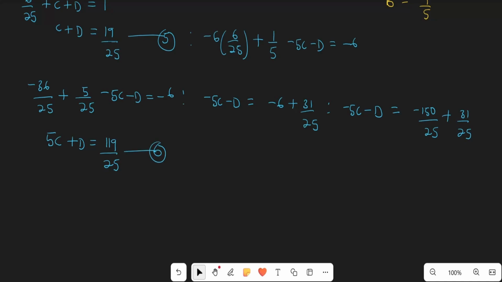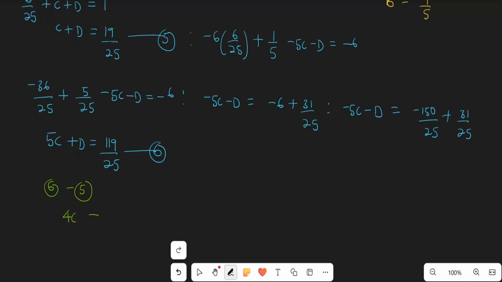I hope it's clear. So now let me solve these two equations simultaneously. So I'm going to do equation 6 minus equation 5. So when we do that, 5c minus c, that is going to be 4c. And then d minus d, that is going to be 0 straight away.